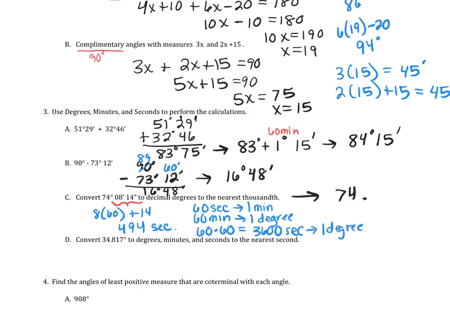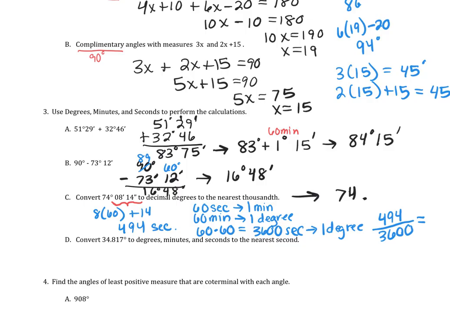So where I'm taking this is that if I have 494 seconds, you divide it by 3,600 seconds, and this will convert it to a decimal that's in degrees. So go ahead and divide that.